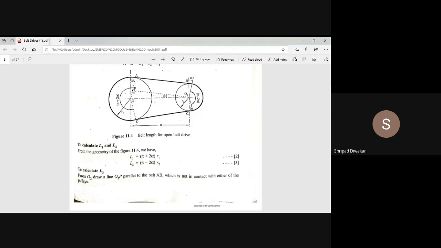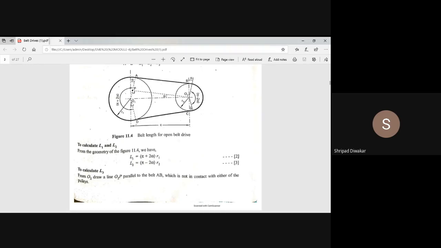In this triangle, O1P is the adjacent side, O2P is the base side, and O1O2 is the hypotenuse. I think you studied the Pythagoras theorem in PUC. So O2P equals the square root of O1O2 square minus O1P square.